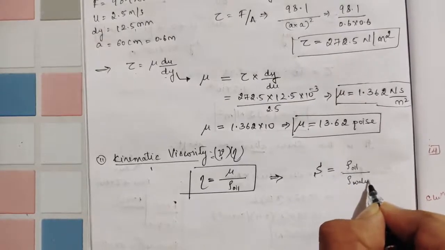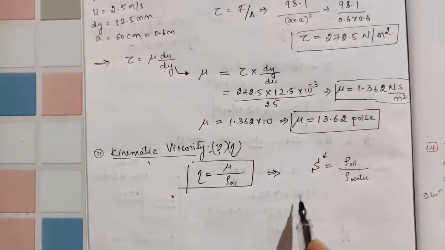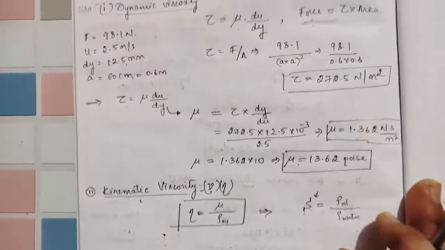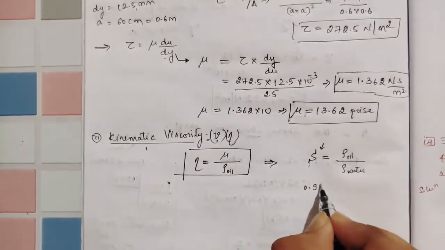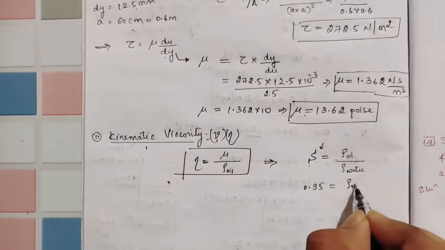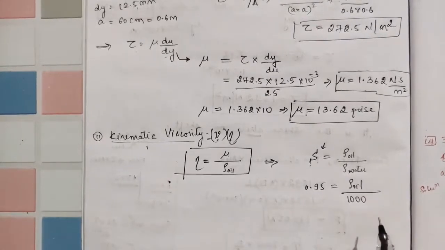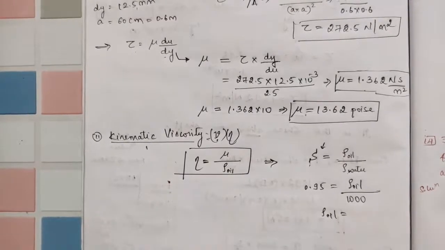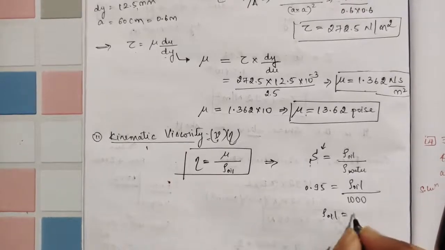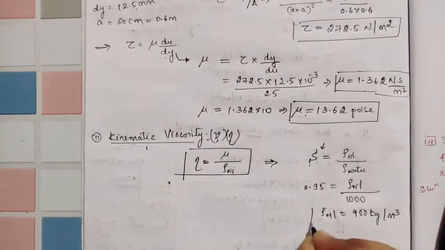The standard is water. So 0.95 is the density of oil over the density of water, which is 1000 kg per meter cube. Then density of oil is 1000 into 0.95, which is 950 kg per meter cube.